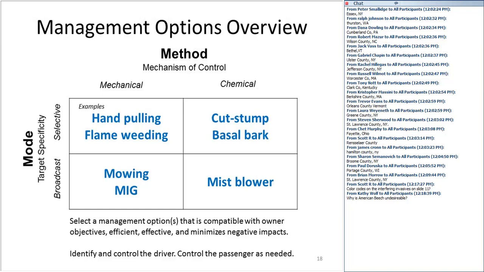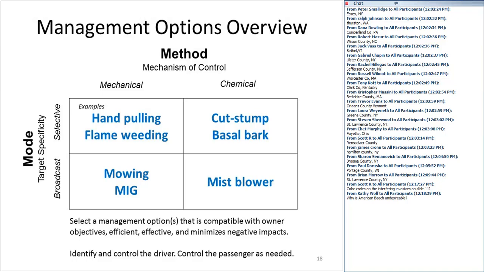If it's broadcast, that means we say, here's this tool that I'm using, whether it's a mower or a sprayer or livestock, and I'm going to apply this tool to this entire area, and everything that's within the bounds of this area is going to be impacted. So obviously, when you have a broadcast treatment, you would only do that in areas where you have few or no desirable plant species, and so your collateral damage is going to be very small.